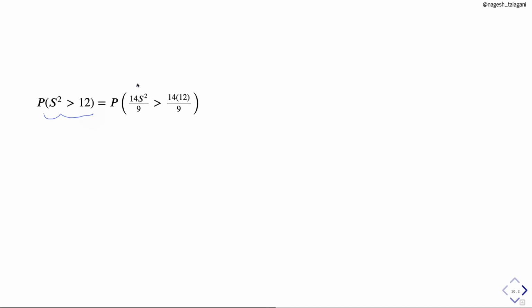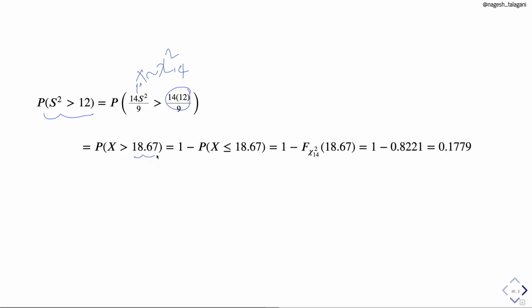This one we call x, which follows the chi-square distribution with 14 degrees of freedom, and this gets simplified to 18.67. So we have the probability of x greater than 18.67. This we can write as 1 minus the probability of x less than or equal to 18.67, where x follows the chi-square distribution with 14 degrees of freedom.